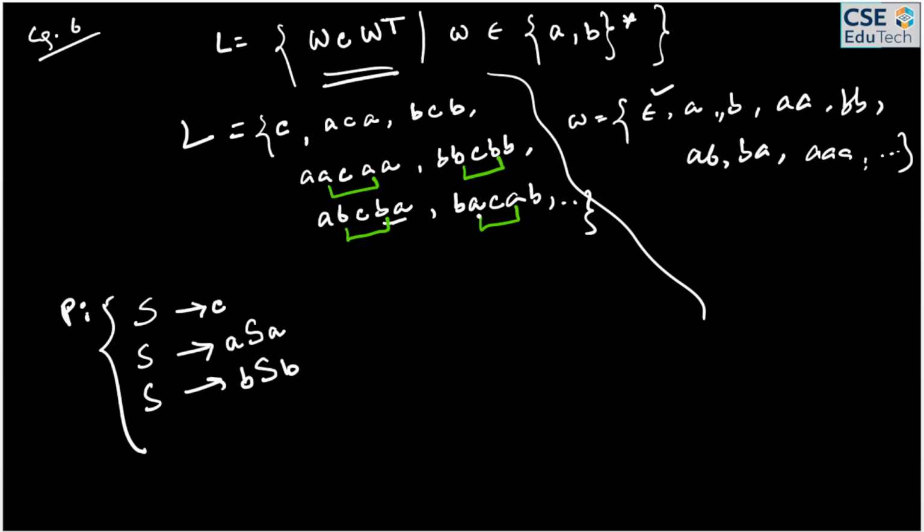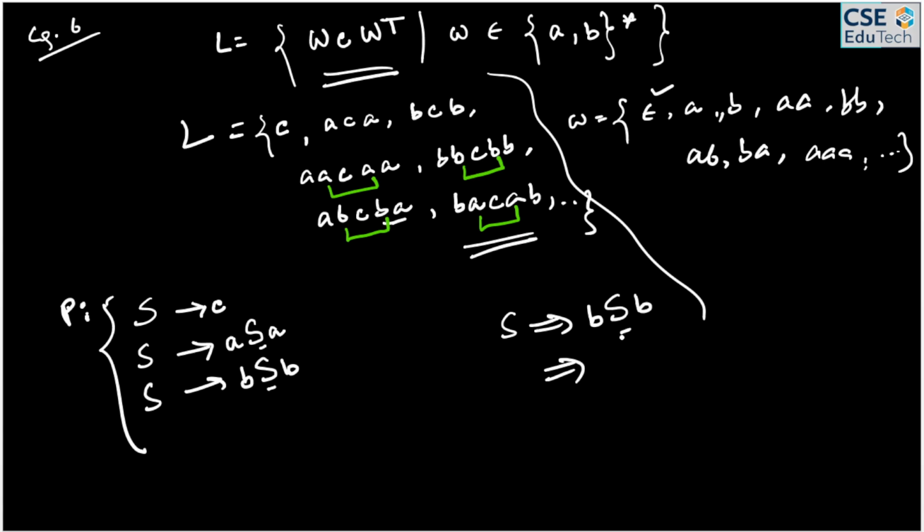Now, suppose we want to generate this string. How? From S, look here, where do we have to start, because b a c a b will be generated? We have to start by replacing the S only. So we can write b S b.